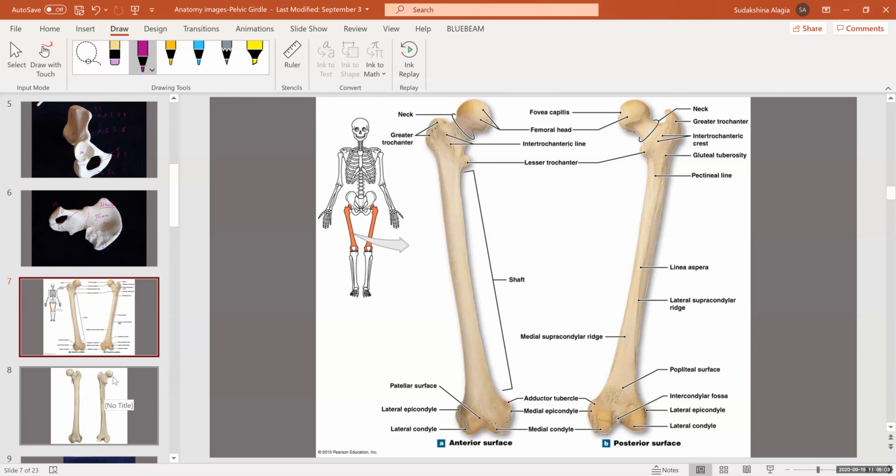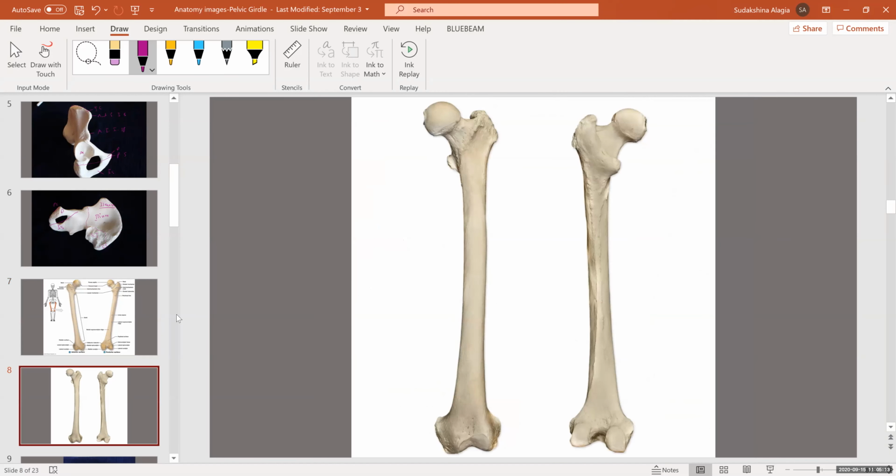So looking at this, I've given you the names here, and some of the names for the arthroses are here too, like the fovea capitis. Looking at the anterior and the posterior aspect of the femur, how do you know which one is anterior and which one is posterior?